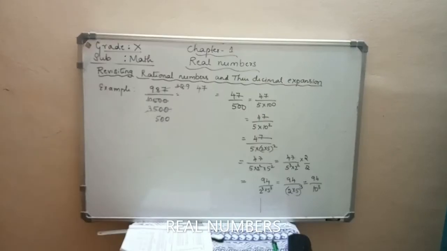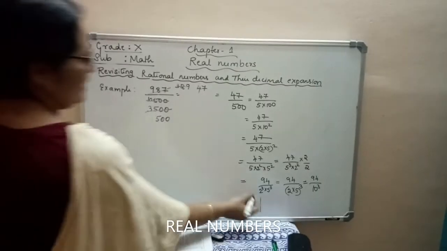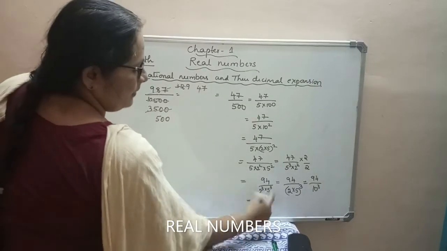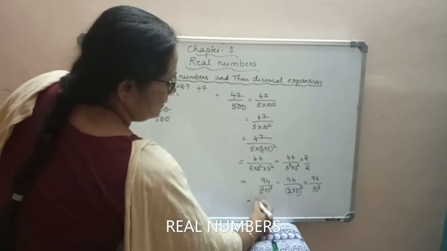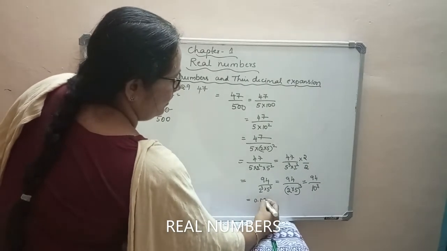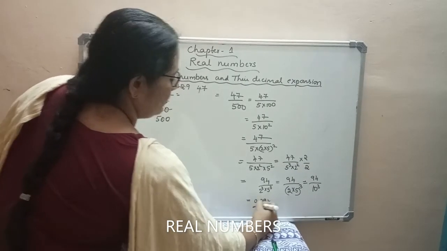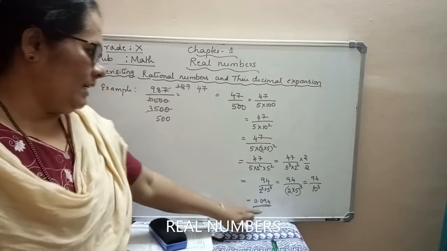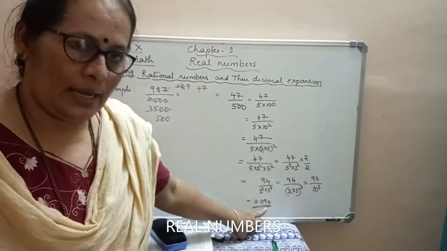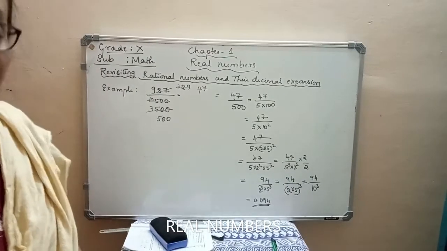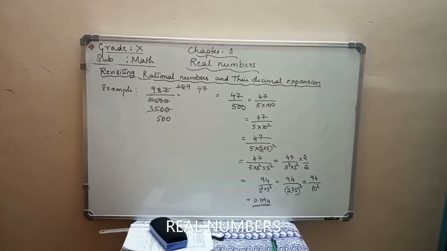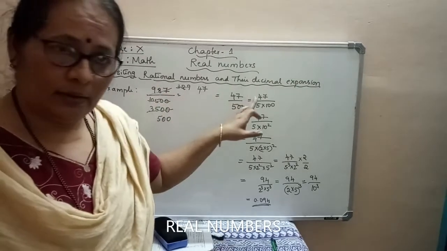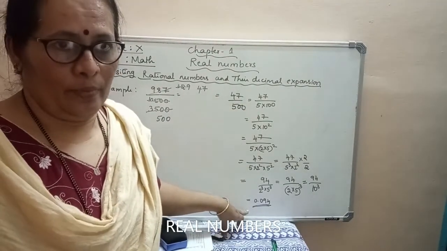So 94 by 10 cube is 0.094. So the decimal expansion of this number is 0.094.